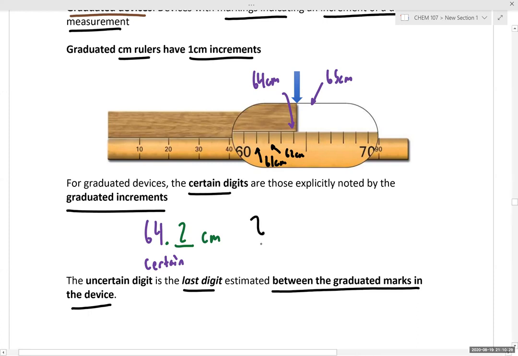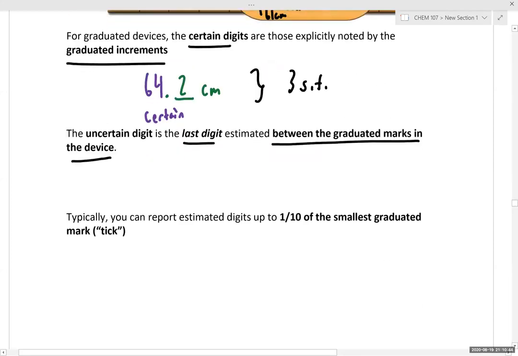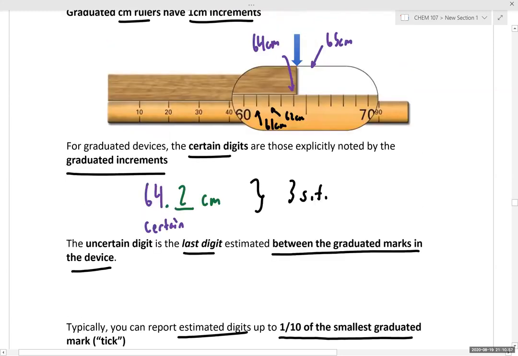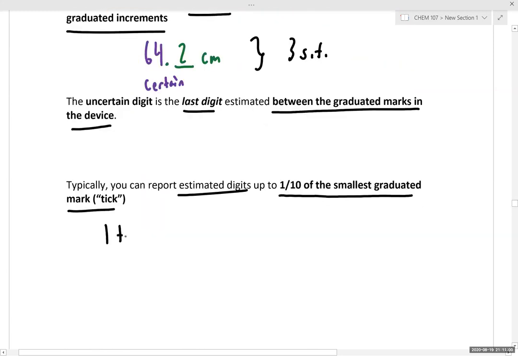So overall, this number has 3 sig figs. And the number of significant figures, as we notice, is directly related to the instrument used to take that measurement. Typically you can report estimated digits up to 1/10 of the smallest graduated mark or tick. In the above example, 1 graduated mark corresponded to 1 centimeter.